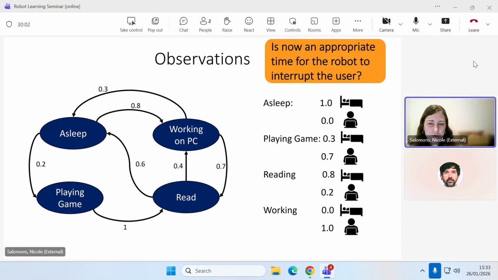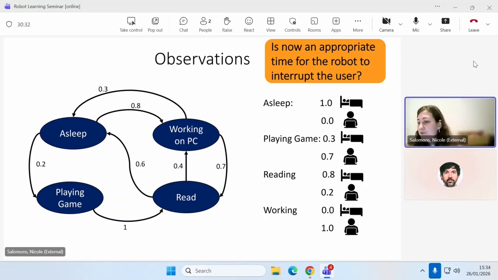All right, but how do we know what state the user is in? We might only get hints of what they're currently doing. So let's have the simple world where if they're asleep, they're always lying down. So the symbol is lying down. They never sleep sitting up. They might have this observation when they're playing a computer game or a cell phone game: 30% of the time they're lying down in bed on their phones, 70% of the time they're on their computer sat at the desk.